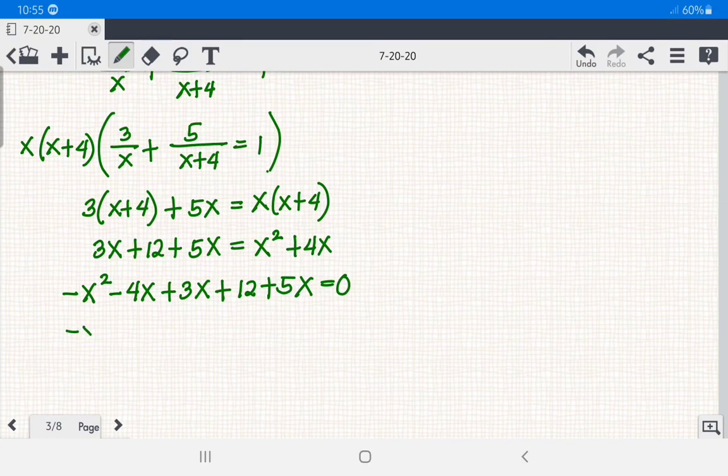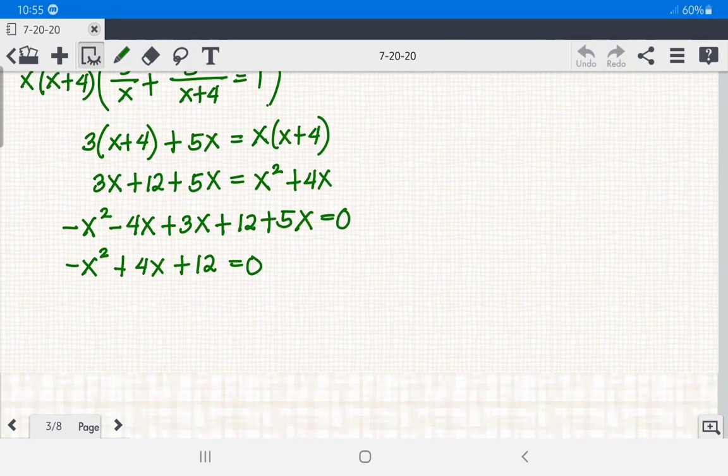Then combining similar terms or collecting like terms: x squared, negative x squared, then we have negative 4x plus 3x, so we have negative 1x, or negative x. Negative x plus 5x, that is 4x, so plus 4x, then next we have 12, so plus 12 equals 0.